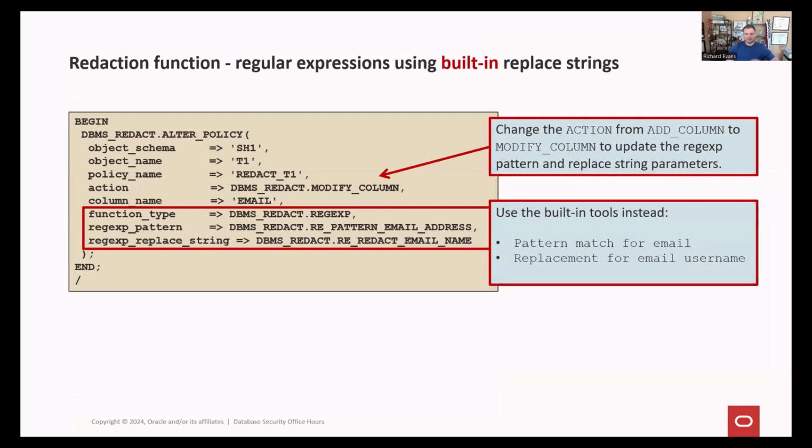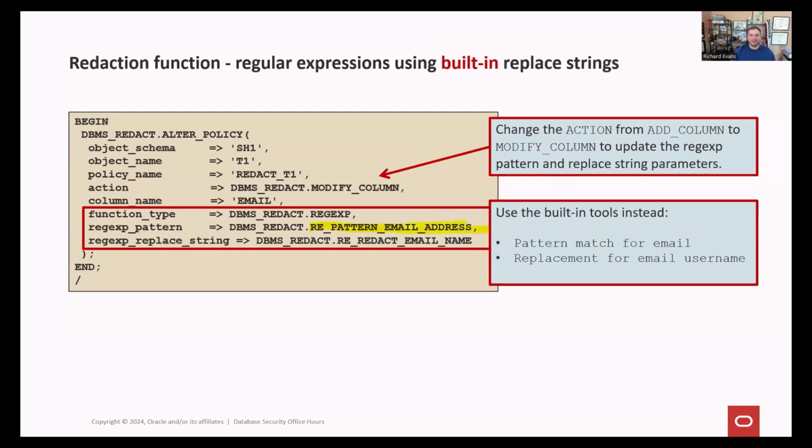So instead of trying to figure out what that format looks like, we're going to modify our redaction, and we're going to redact that email address using our built-in patterns. So we've got regular expression redaction. We've got our regular expression pattern email address. We're telling it what that column data is.